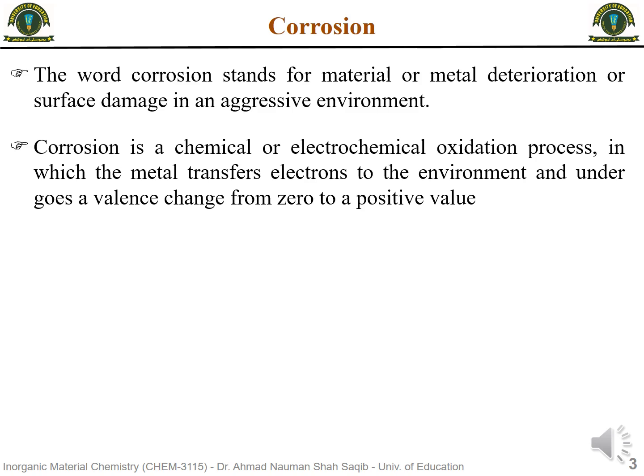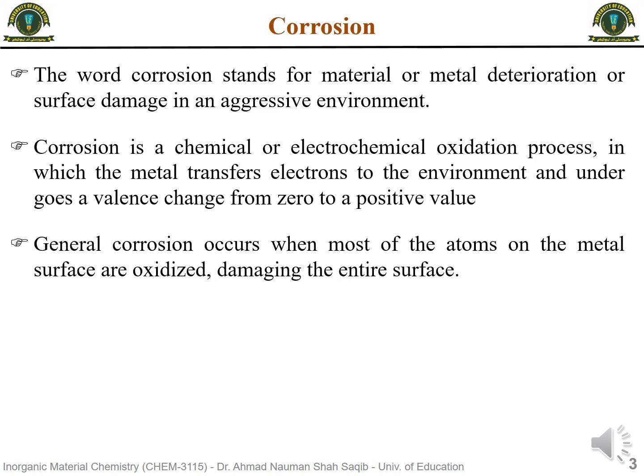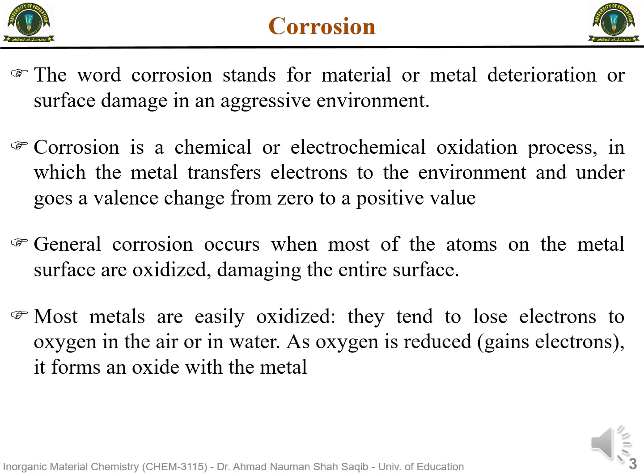Those electrons are accepted by the analyte, and mostly if it is oxygen in the environment, it takes those electrons and is reduced, and it makes oxides mostly with the metal.